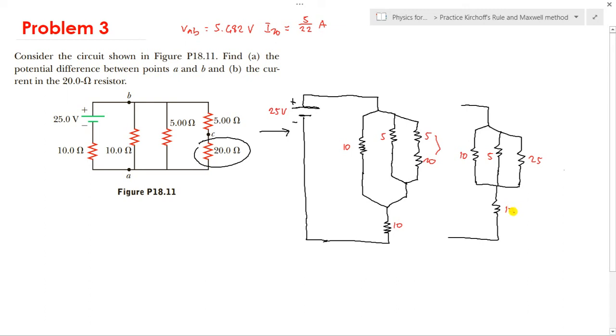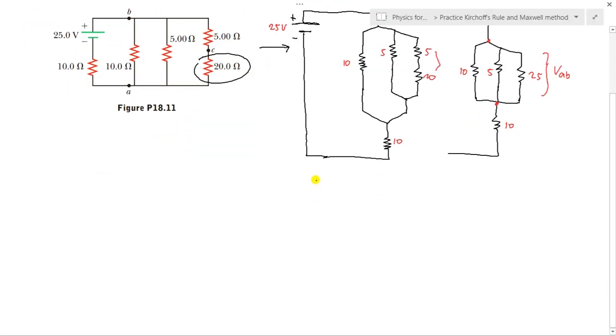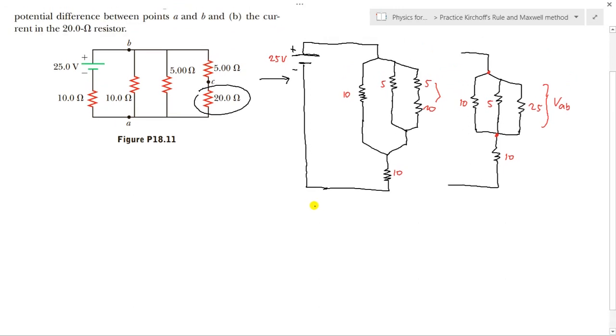Since what we are looking for is the voltage across this parallel connection, voltage AB, that is our goal, we first compress it to convert it into an equivalent resistance. So it becomes a single resistor.